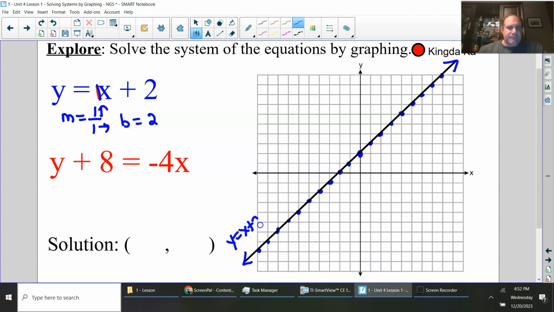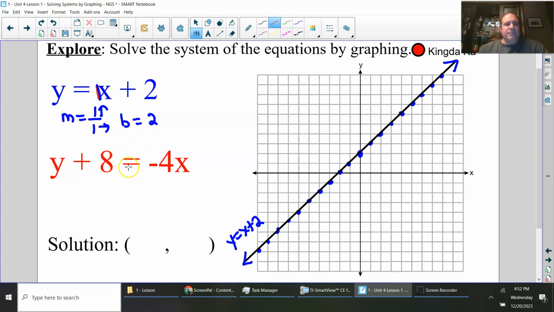Y equals x plus 2. You label that line. Try to keep the labels off the graph, because when we graph inequalities we have to shade, and the shading will cover the actual labels that you put on there. So just keep it off the graph and you'll be fine.